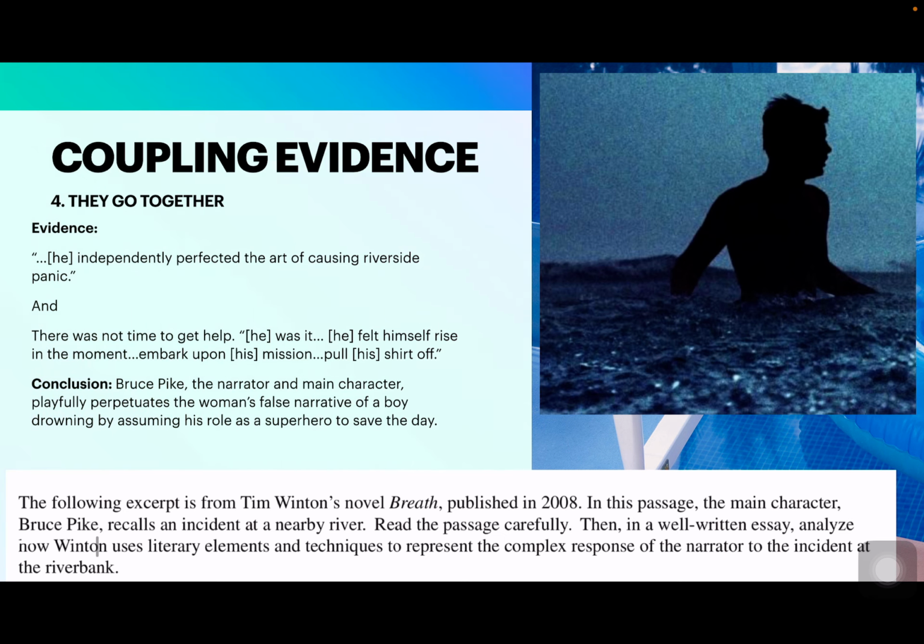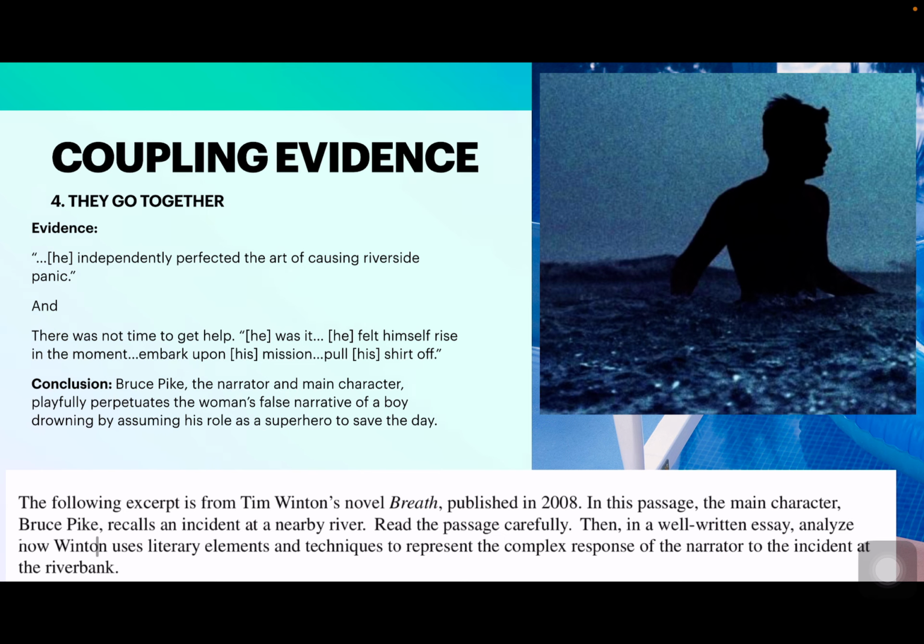He felt himself rise in the moment, embark upon his mission, pull his shirt off. So those two separate pieces of evidence go together. I'm going to put them together and form a new conclusion. Now, if I were to take one and not use the other, I wouldn't be able to form the same conclusion. So one is contingent upon the other. So this is the coupling of evidence.